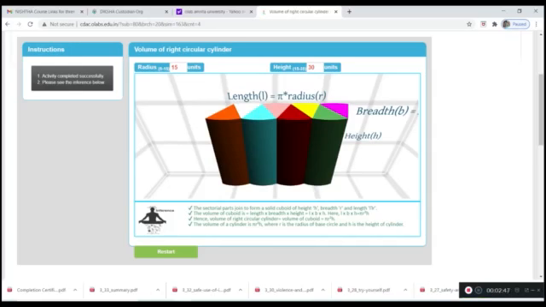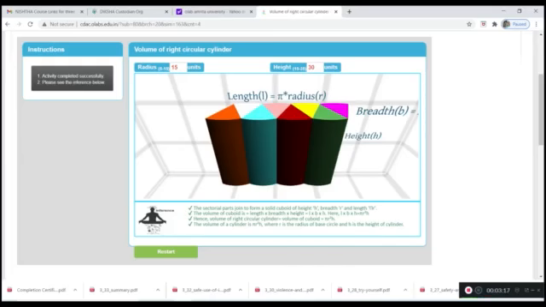The sectorial parts join to form a solid cuboid of height h, breadth r and length pi r, because the base circumference is 2 pi r and the length of this cuboid is pi r, because the whole circumference is divided into 2 halves and the breadth of this cuboid is the radius of the base.